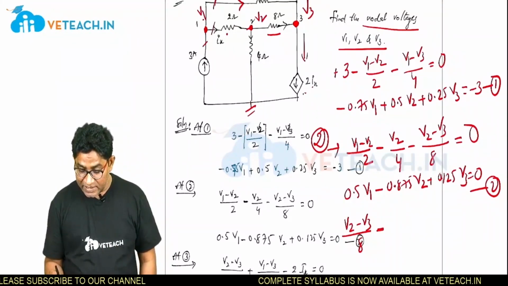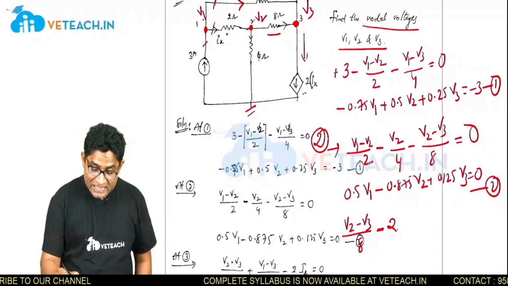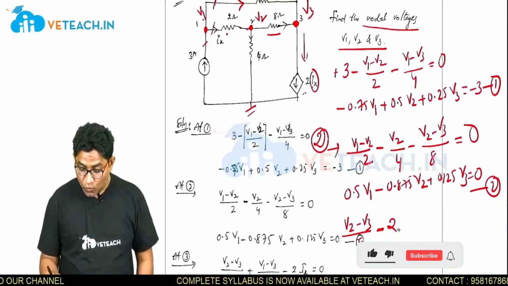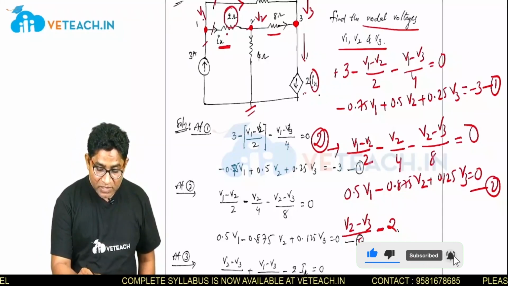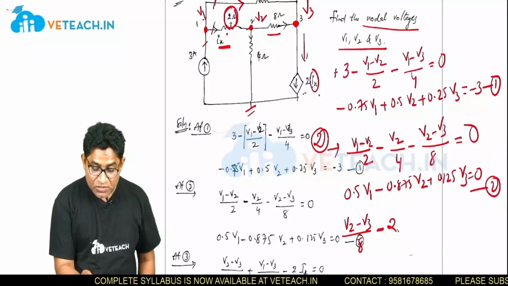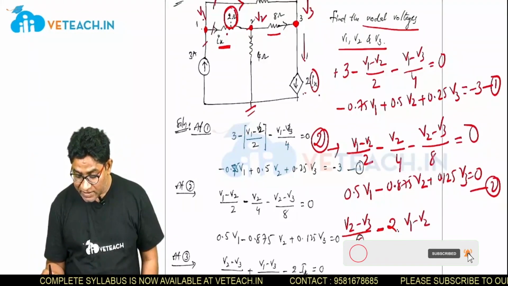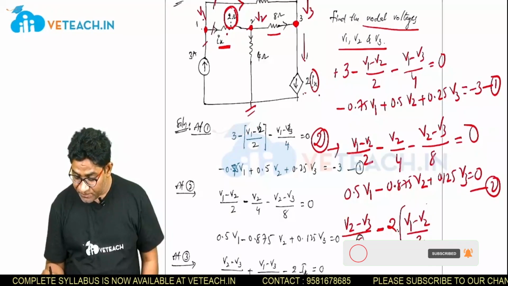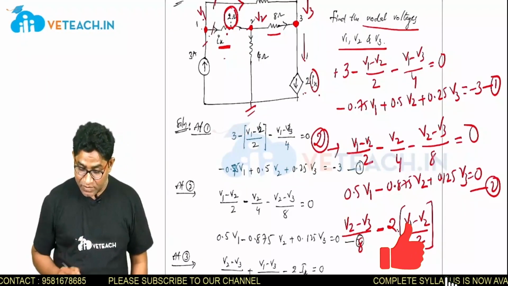So minus 2 into Ix. Its value is 2Ix. What is Ix here? Ix is nothing but the current through your 2 ohm resistor. So what is the current through this 2 ohm resistor? V1 minus V2 by 2. So this Ix is to be replaced with V1 minus V2 by 2.